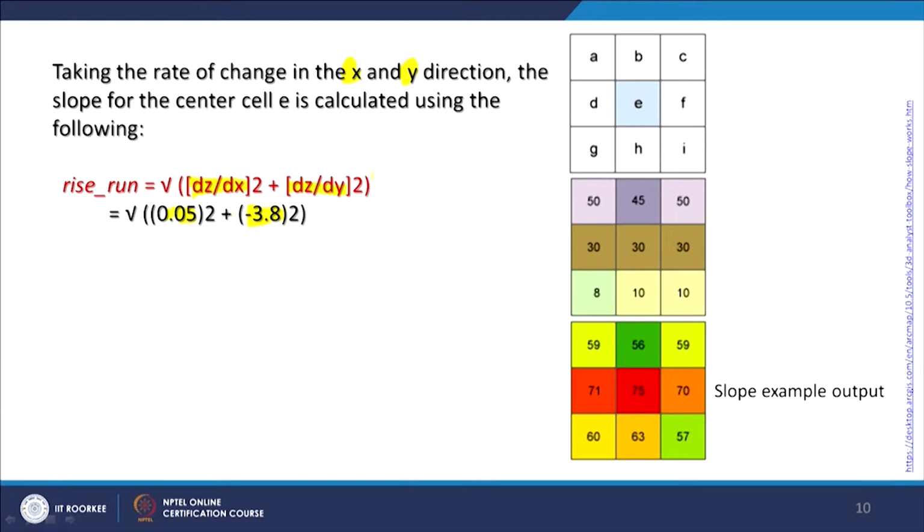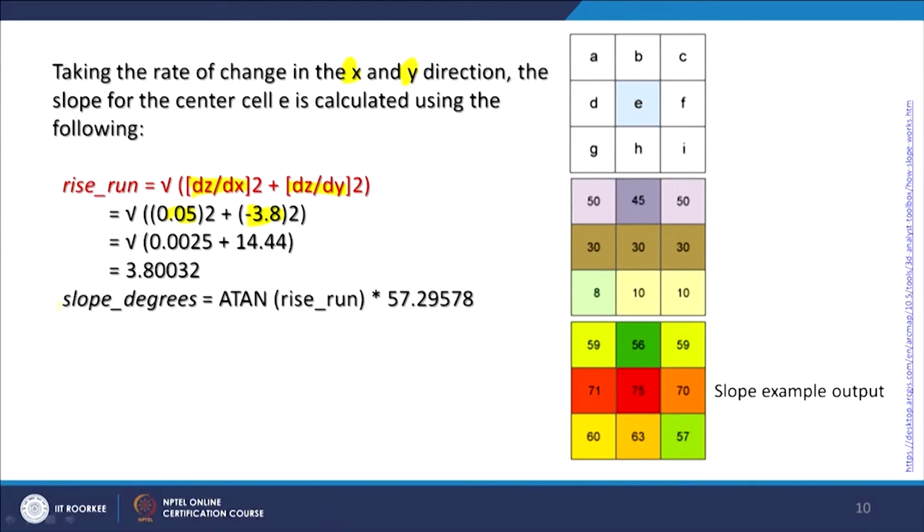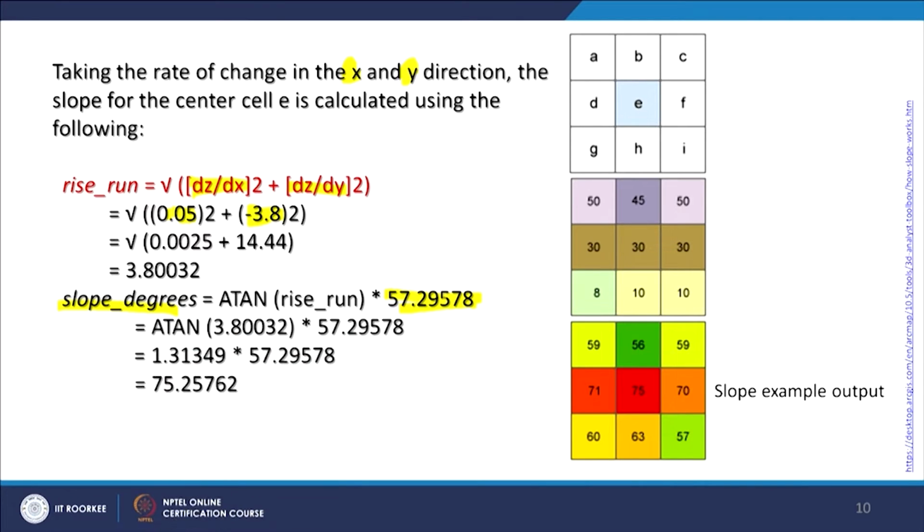Of course it is squared, so the negative sign disappears and it is 3.8. That is the slope in degrees, which is multiplied by this factor, and finally we get 75 degrees.